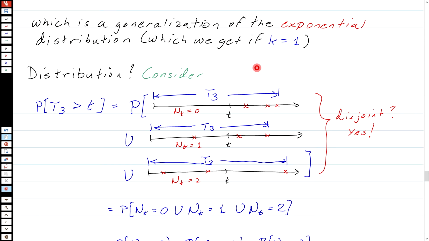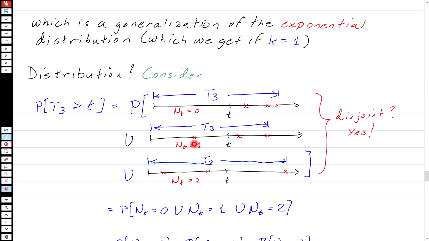The distribution for this one is again found by looking at a particular example. Let's look at the probability that T3 is greater than t. If T3 is greater than t, all we know is that the third arrival is sometime after time t. So we have some possibilities here. One is that all 3 arrivals occur after t.